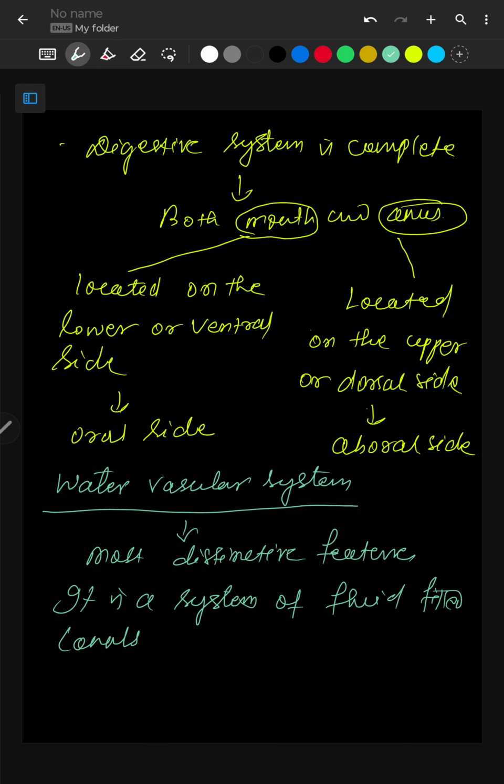Okay, and it plays a very important role in locomotion. Very, very important, children.